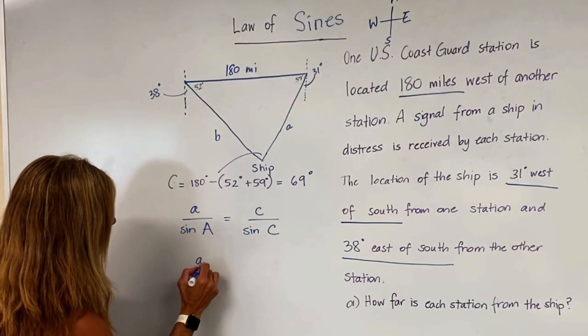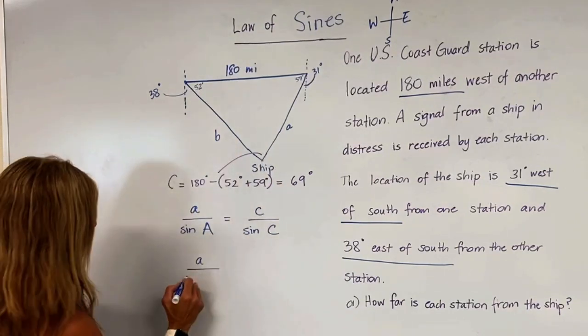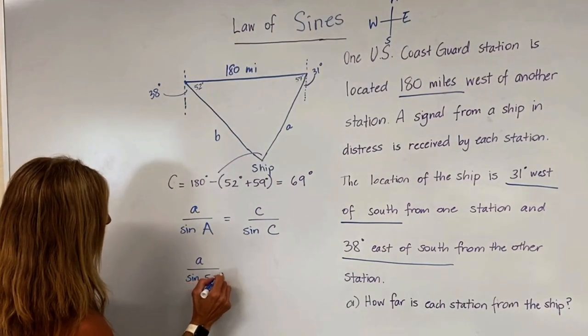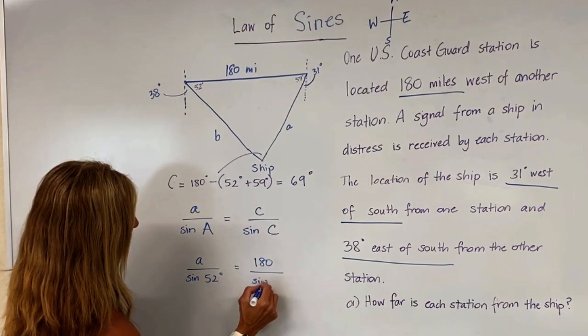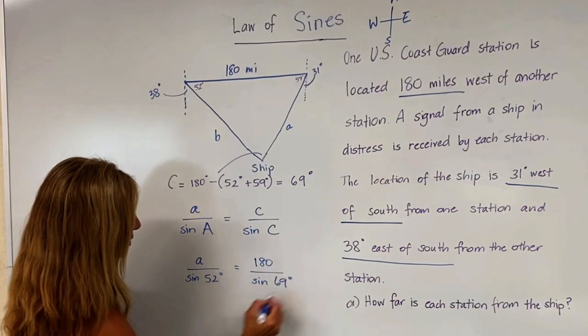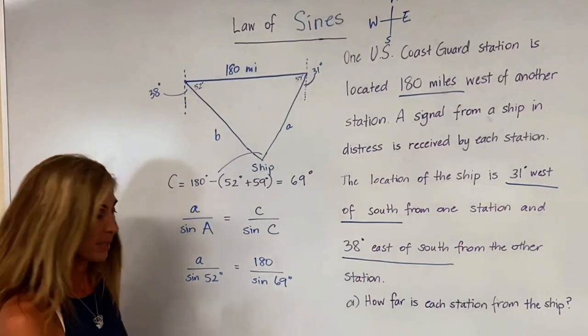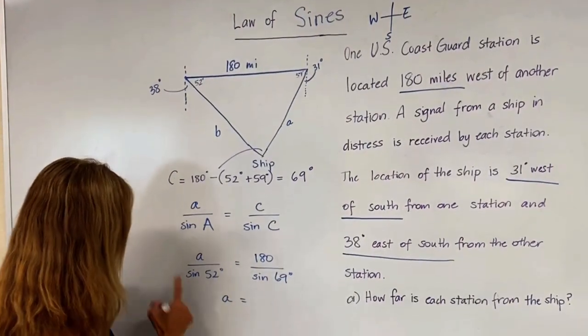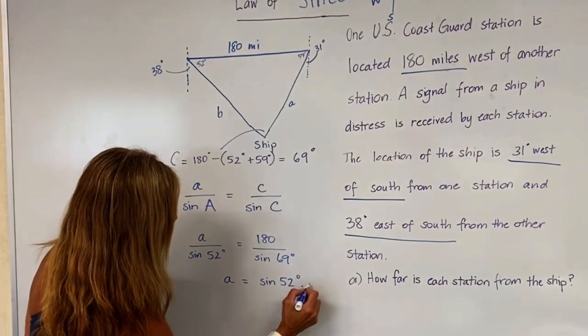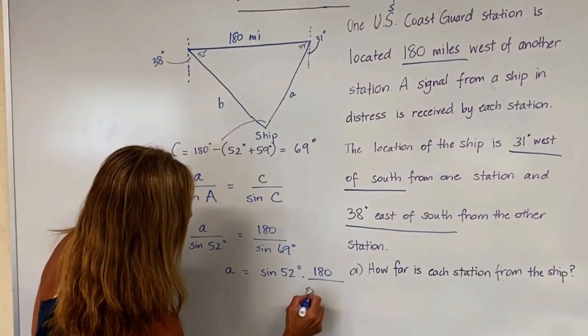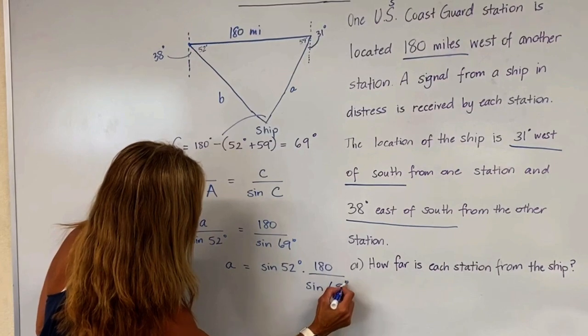So putting in all the pieces we have, A divided by sine of 52 degrees is equal to 180 divided by sine of 69 degrees. To get our A by itself, isolating it, we have A equaling sine of 52 degrees times 180 divided by sine of 69 degrees.